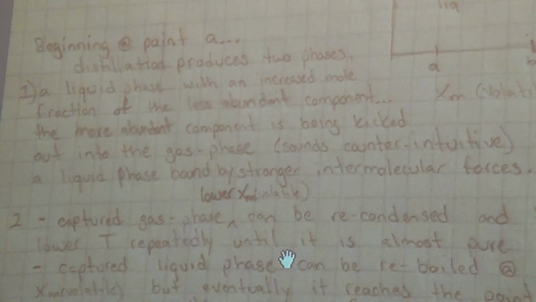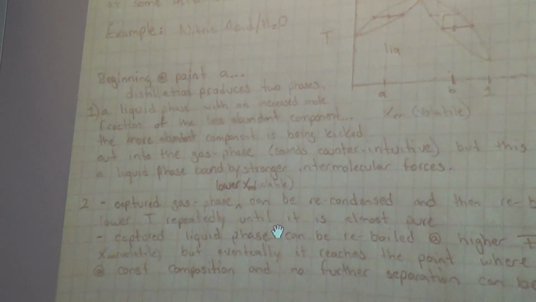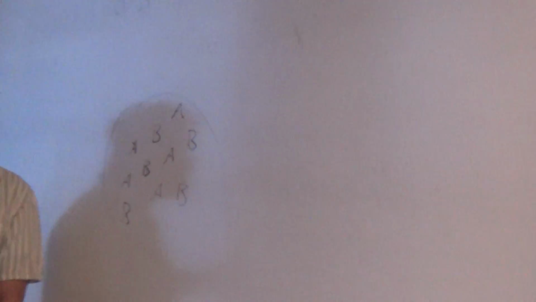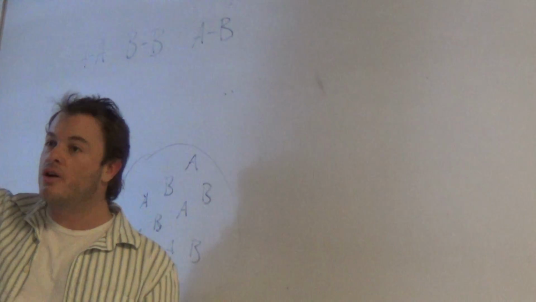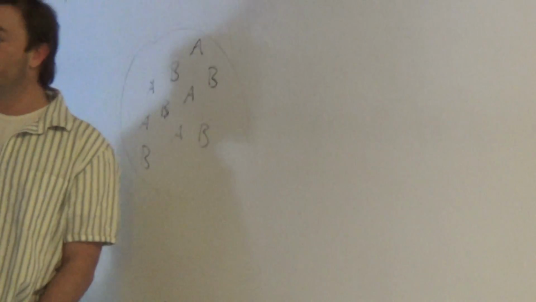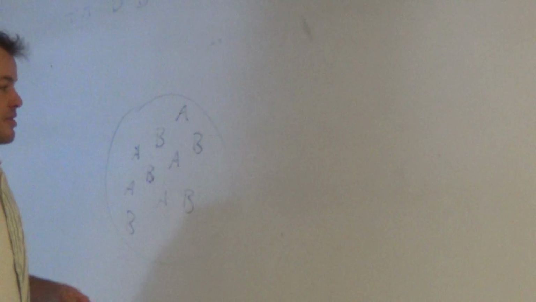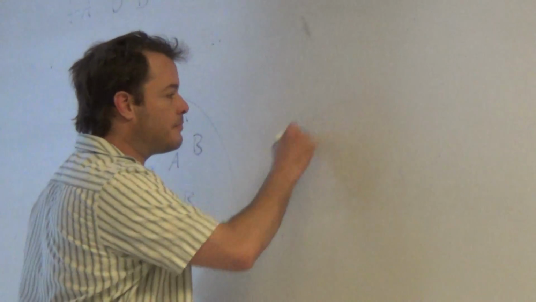And in that case, when an A molecule is adjacent to B molecules, it's pulled into the liquid phase with more force. And so it's harder for that molecule to be kicked out of the liquid phase and into the gas phase. So let's redraw this here.